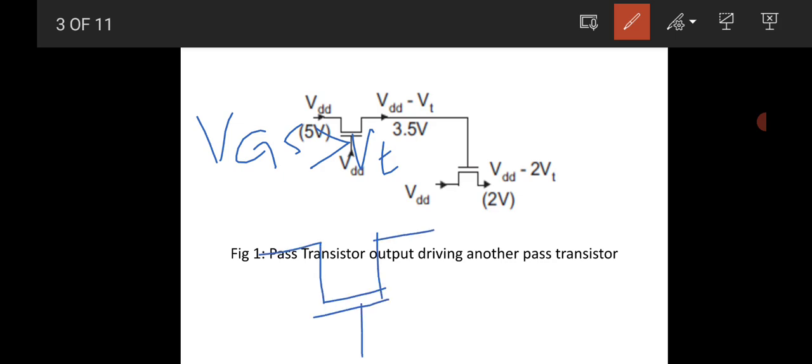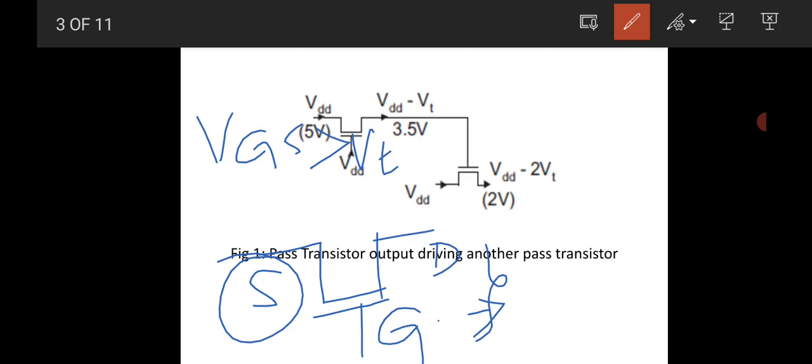This is the gate terminal, and this is the source terminal. The gate voltage must be greater than the source voltage. But here the problem is that the gate and drain are both at a high value. Therefore, only when the source voltage is low is the MOS transistor in the on condition.